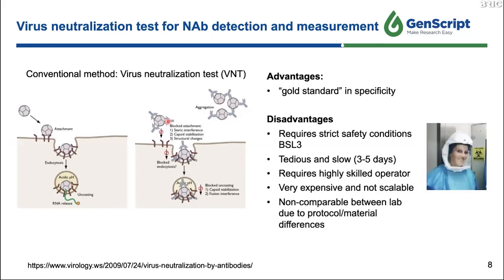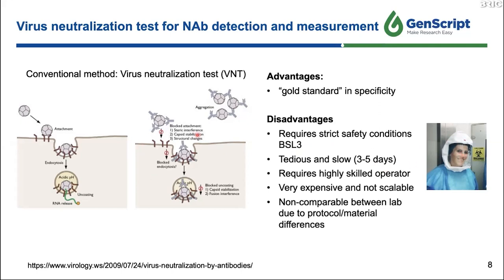As a summary, the advantage of this method is that it is the gold standard due to its very high specificity. However, due to the use of live virus and cells, it requires very strict safety conditions, which is BSL-3. This image shows the PPE you have to wear if you need to work in the BSL-3 environment, so it can be quite logistically demanding.